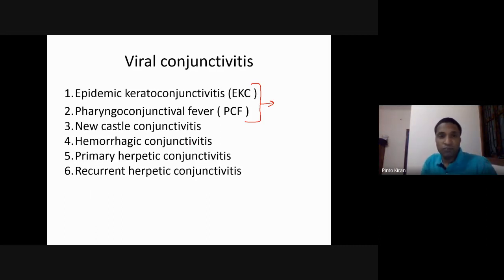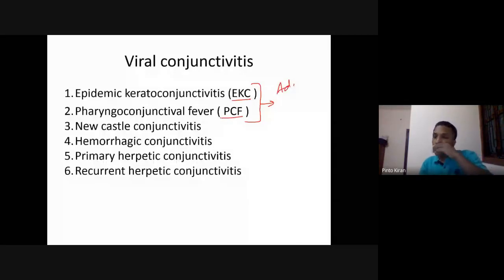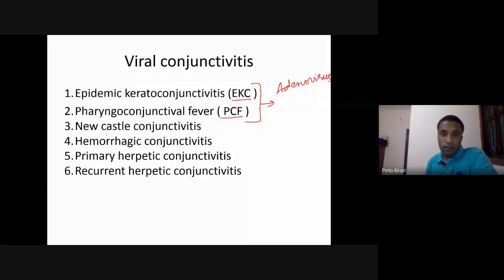These two forms, epidemic keratoconjunctivitis and pharyngoconjunctival fever, are caused by adenovirus. I'm talking about the most common viral agent which causes conjunctivitis. Then you have herpes conjunctivitis.